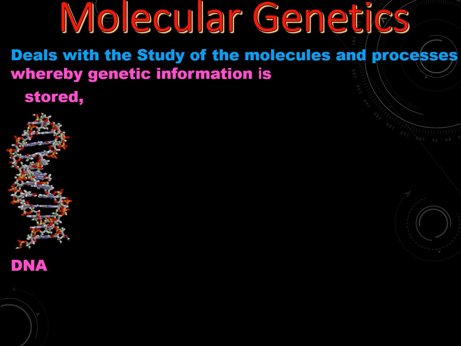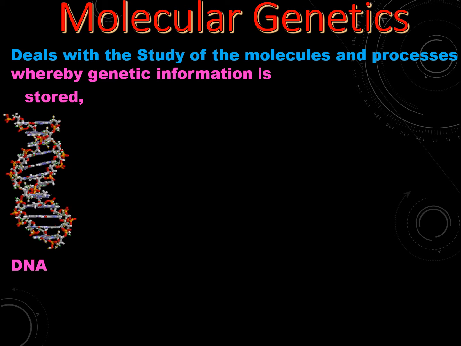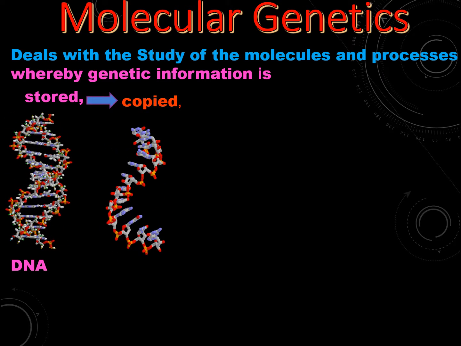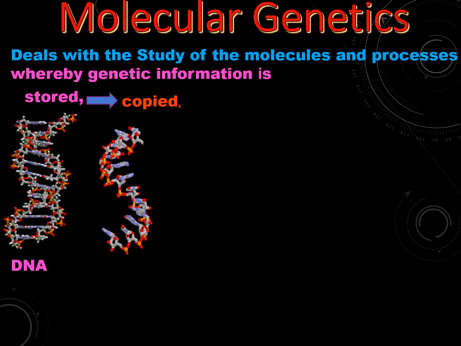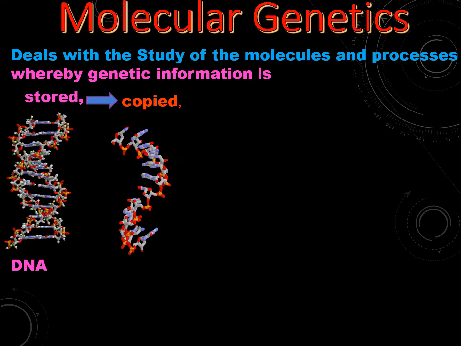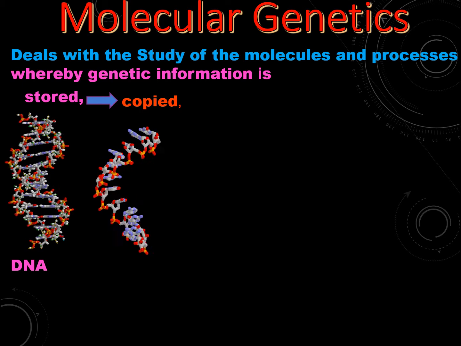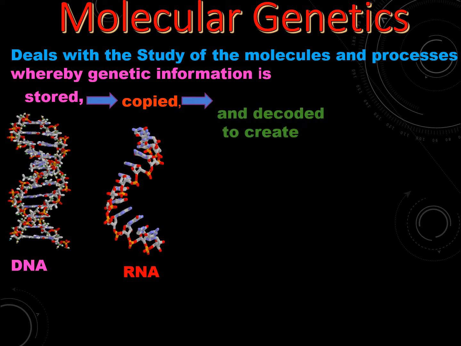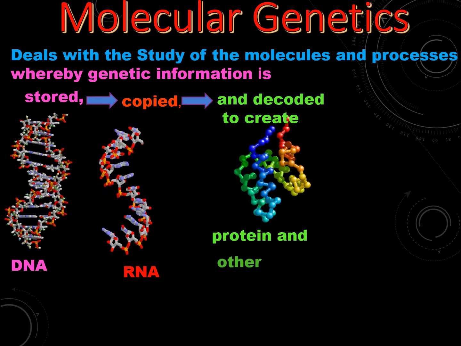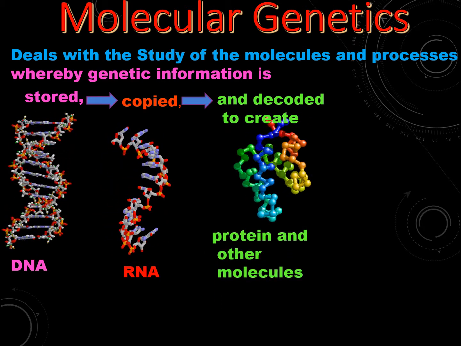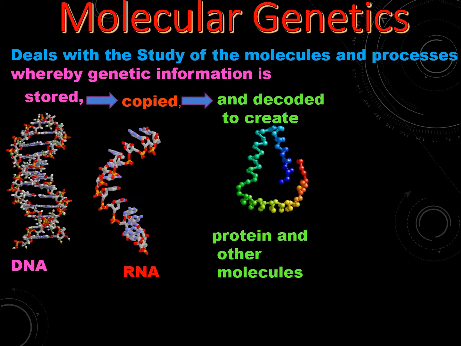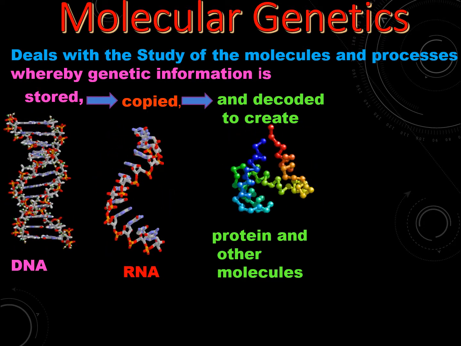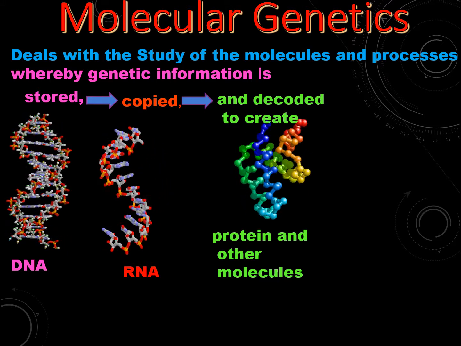This sequence of deoxyribonucleotides is transcribed or copied into a sequence of ribonucleotides in messenger RNA. This code is then decoded or translated from a sequence of ribonucleotides into a sequence of amino acids in a protein.